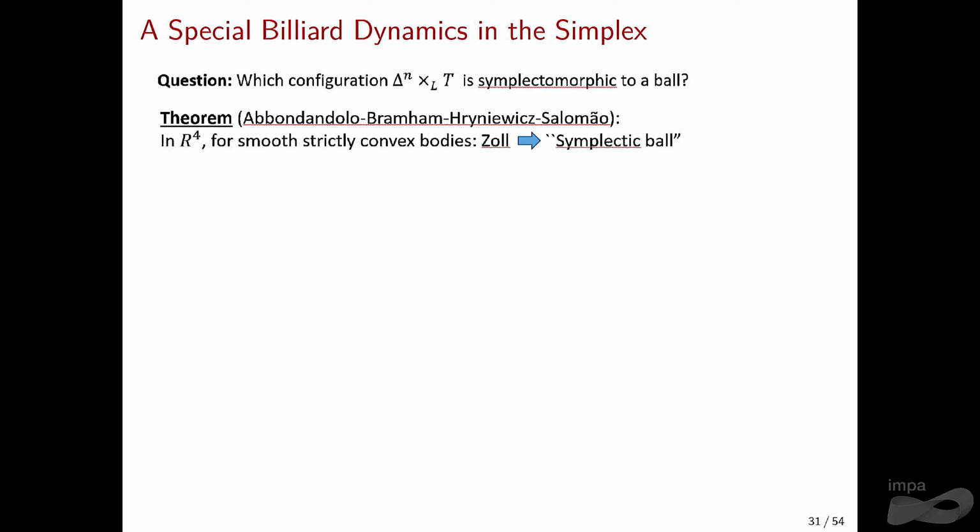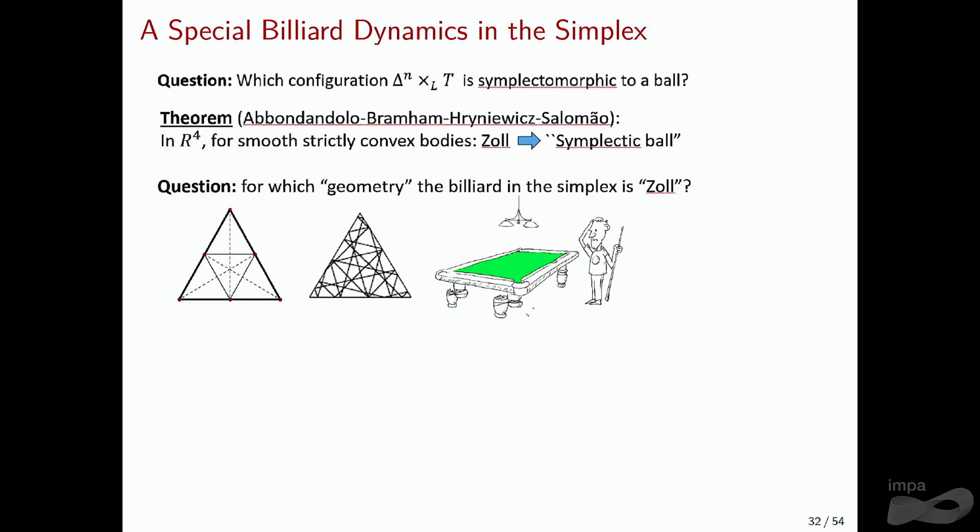Of course, we cannot apply this theorem as is, because the configuration is definitely not smooth. But we can still try to use the same ideology. So we change the question. We have our table, which is the simplex, just an equilateral triangle.